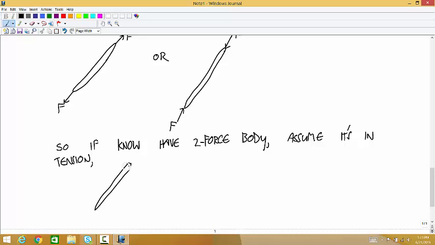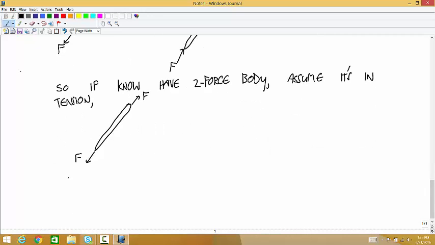So you just assume that you have this case. And if it happens to be compression instead, when you calculate this variable F, you just get a negative value and it works perfectly fine. So in other words, we just act like these two-force members are cables. Mathematically, we just treat them like they're cables. The only difference is at the end you could have a positive or a negative value for it.